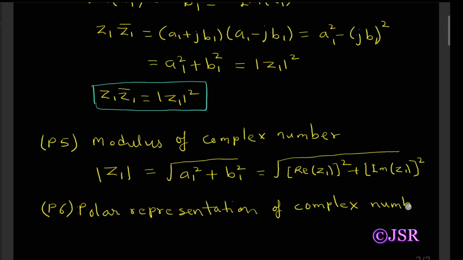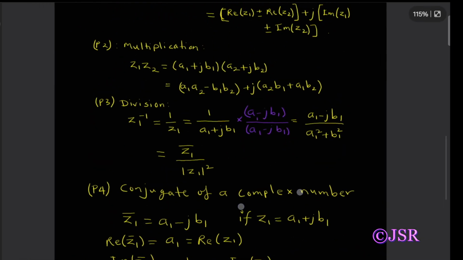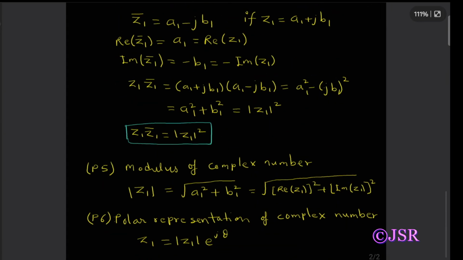The polar representation of a complex number is defined as: z1 can be represented in the form of polar representation as the mod of z1 into e to the power j theta. This is equation number 3.